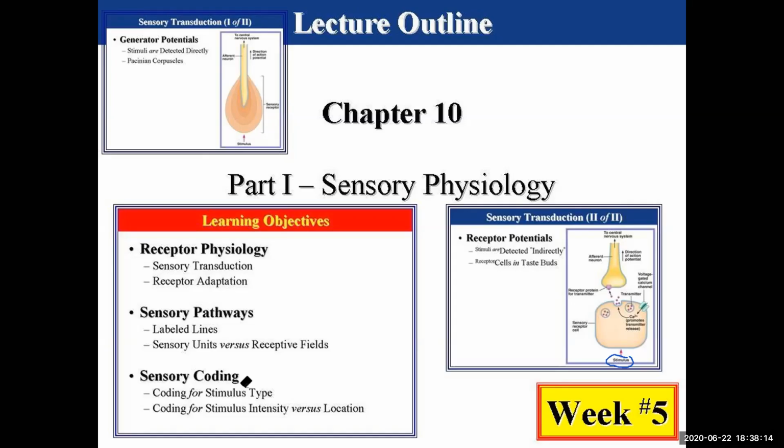How is that information being sent and decoded by the brain for perceiving our sensory pathways, like conscious awareness of the four general senses and conscious awareness of the five special senses? All of that requires proper sensory coding. So that's part of today's lecture. So with that said, let's get this thing started.